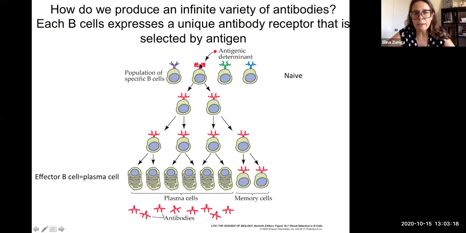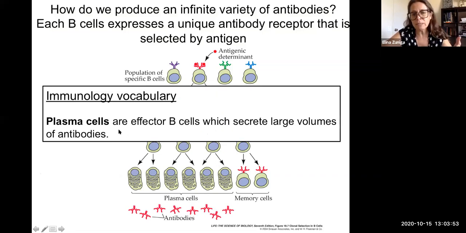And so the B cell that engages the specific antigen in the secondary lymphoid tissues will be activated, clonally selected, and proliferate, and differentiate into an effector B cell, which is a plasma cell that will produce antibodies. And a small proportion of these B cells and T cells that are activated will become memory cells, long-lived cells that will protect us from reinfection.